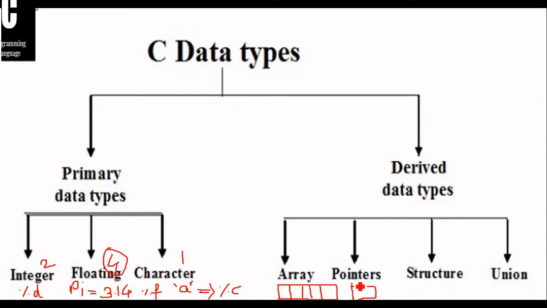Then structure: a structure is a collection of all these data types. You can store integer, floating point number, character, and strings in a single structure. Union is also the same as a structure. We will see all these, array, pointer, structure, and union, as separate chapters in the C programming language.